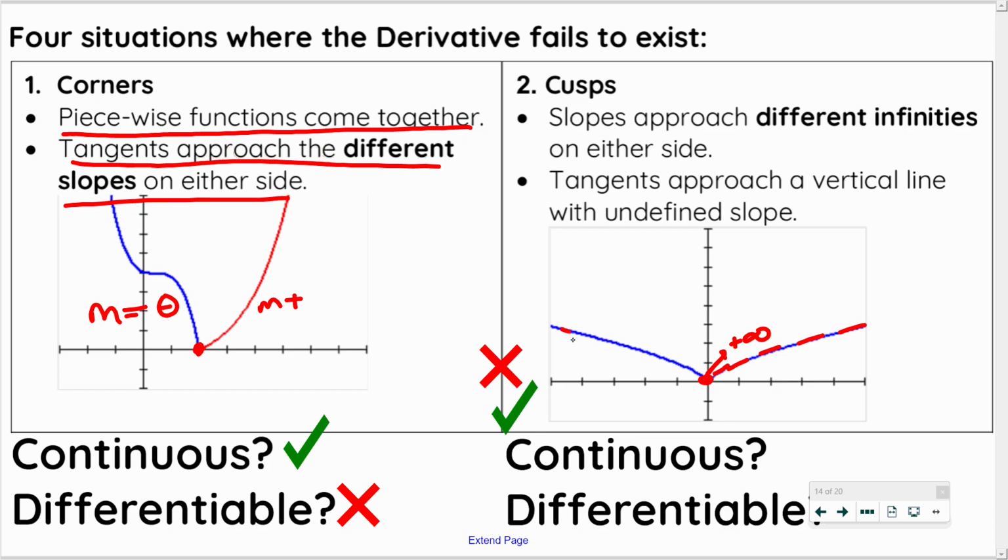But on this side, you can see that they're negative and they're coming in and becoming more and more steep, almost a vertical steepness, approaching negative infinity. Now, at that point, is the function continuous? Yes, it is. Left-hand limit equals right-hand limit equals the function value, but not differentiable.